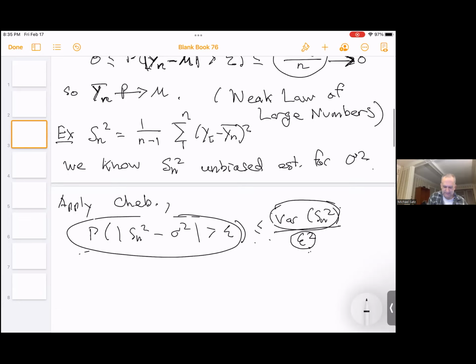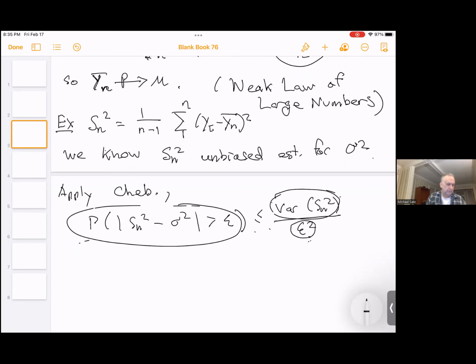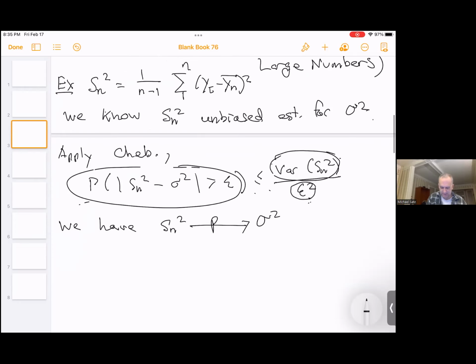And so we have the same result. We have Sn squared converges in probability to sigma squared, as long as, right? As long as the variance of Sn squared goes to 0.